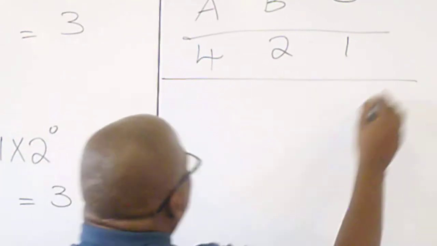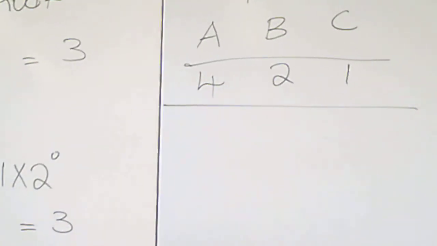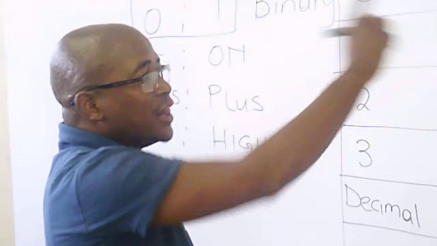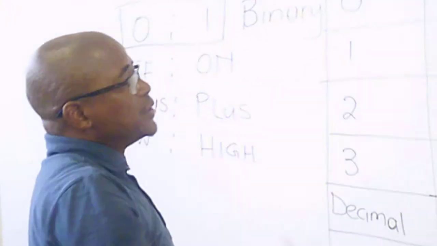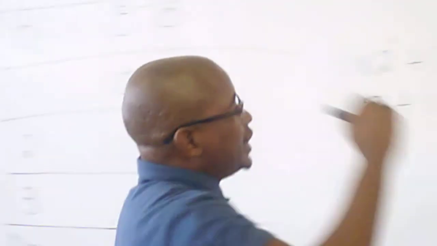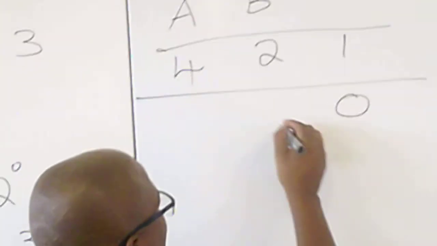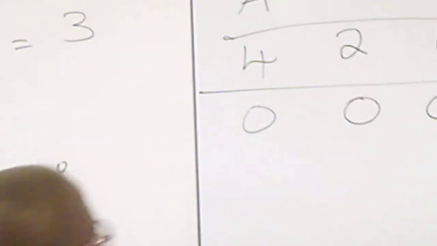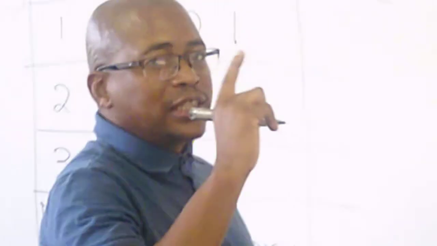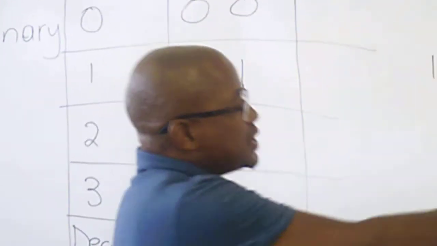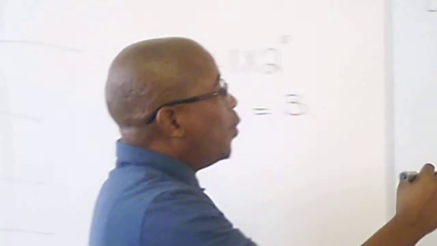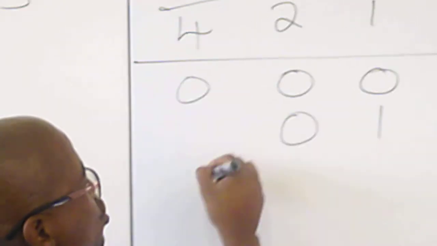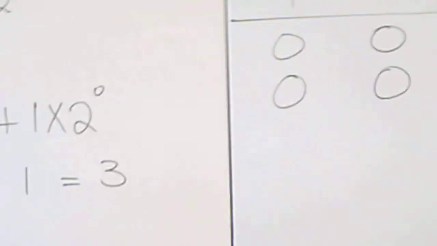Now, I want to read from 0 to where I can get. I have 3 inputs. I start at 0, I have 0, 0, 0. Remember I said that where I see the number that I want, I put a 1. From 0, I go to 1. Where is 1? 1 is here, so I put a 1 here. I don't need 2, I don't need 4.